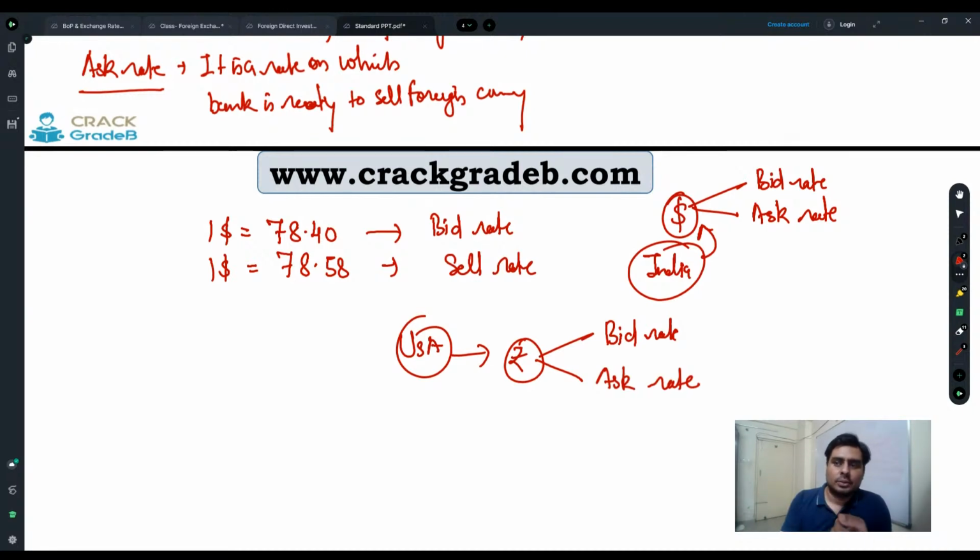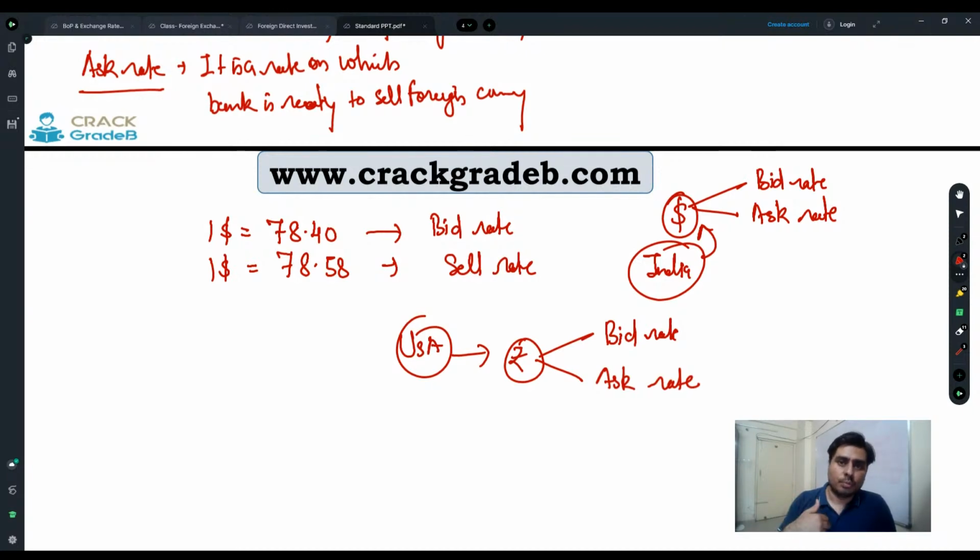But that is not the reason for the purpose of trade and commerce. You just want to have it in your wallet or in your study room, and some baba ji has said that keep green color currency in your purse and you will be on the rise. So maybe that reason, but that is not the reason for trade and commerce, right?